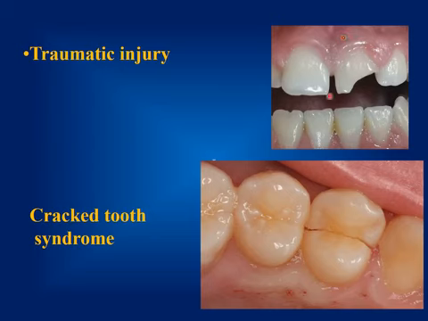Any trauma to the tooth like this will be an emergency, and the patient will seek help. Cracked tooth syndrome is another emergency whereby the tooth cracks into two fragments, and any movement of the two fragments will induce pain in the pulp.